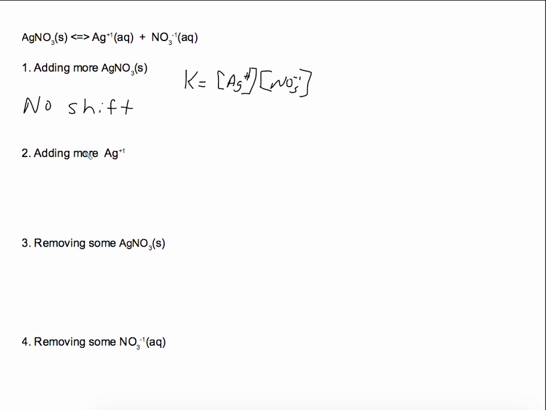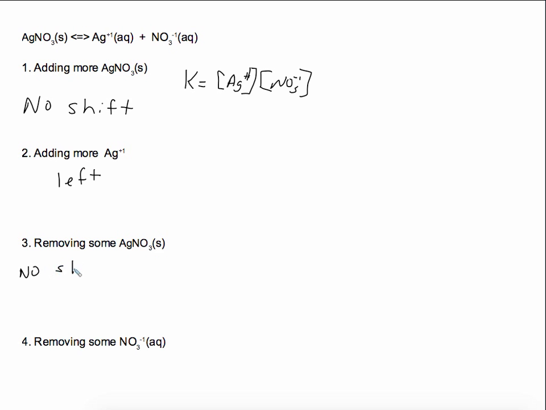So adding more AgNO3, no shift will happen. Adding more Ag+. Well, K wants to equal Q, so basically, if we add more of it, we have to take some of it away, so it's going to shift to the left. Removing some AgNO3.